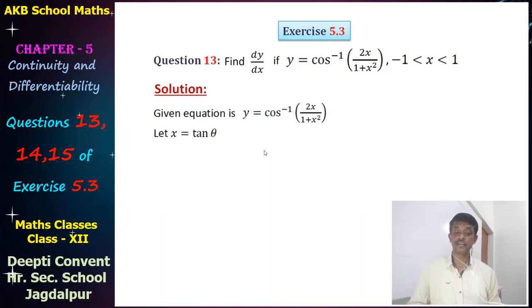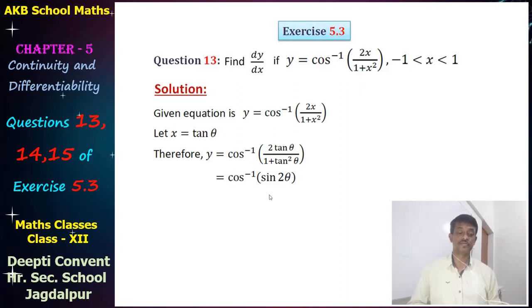Let x equal to tan theta, that is theta equal to tan inverse x. Therefore we get cos inverse of 2 tan theta upon 1 plus tan square theta, and 2 tan theta upon 1 plus tan square theta equals sin 2 theta. This is sin 2 theta. Now convert sin into cos.